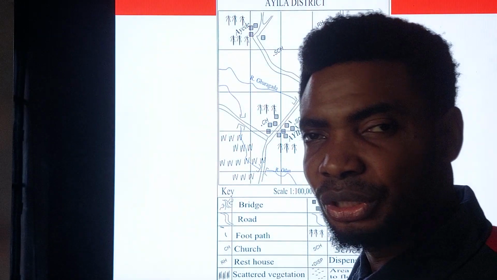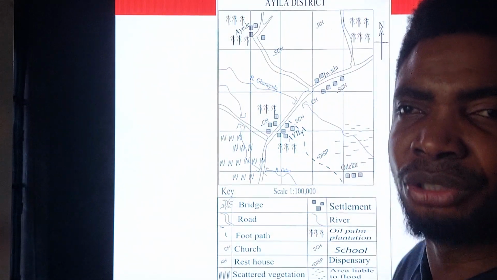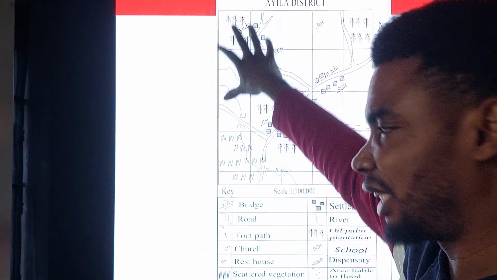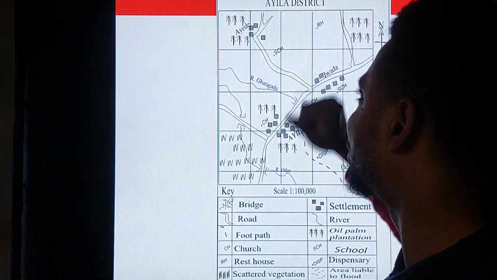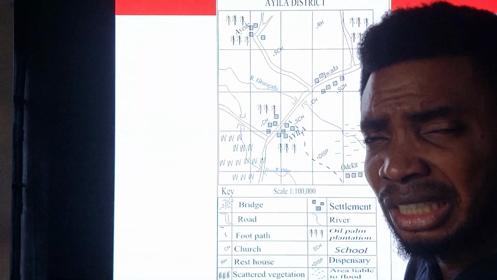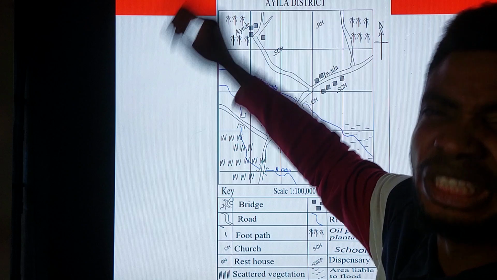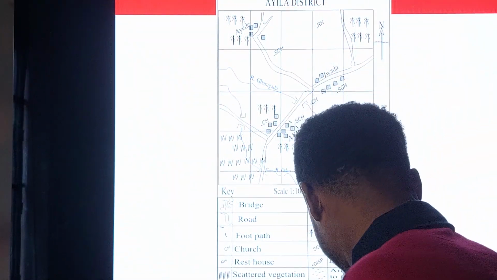If you divide the old scale by the new scale, what you are going to get is 1 over 2. What it means is that you have to multiply the length you get by 1 over 2. The breadth you get, you multiply it by 1 over 2. The answer you get is your final answer that you are going to use to measure the new map you have to draw.